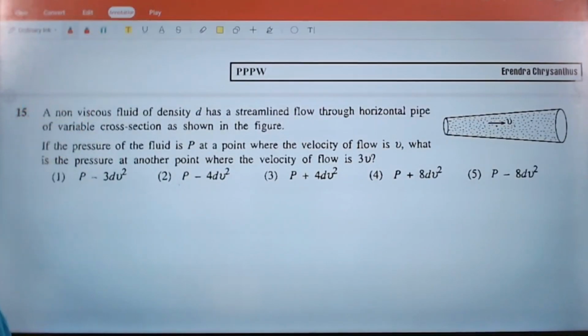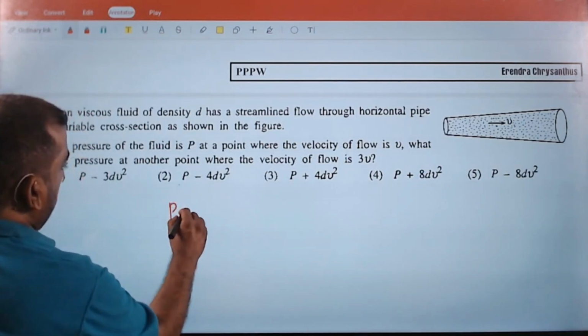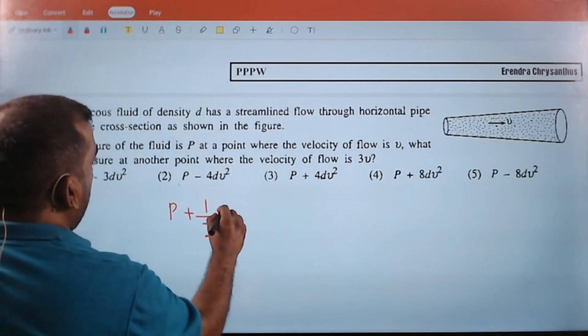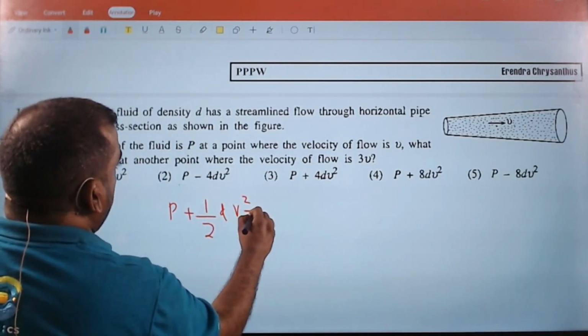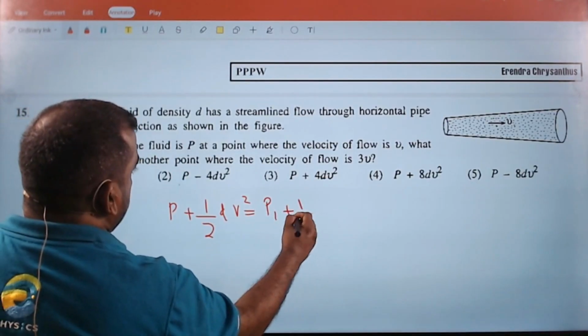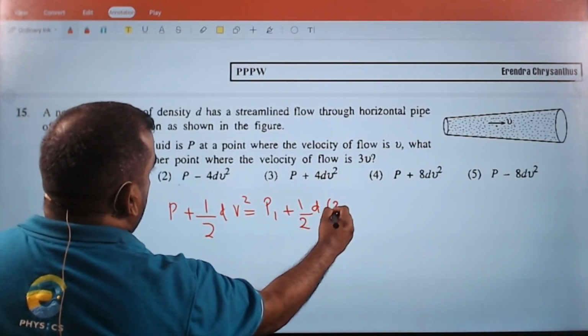Question number 50. A non-viscous fluid of density d flows through the pipe. If the pressure is P at a point where the velocity is V, what's the pressure when the velocity is 3V? Here, Bernoulli's equation: P plus half d V square equals P1 plus half d (3V) square.